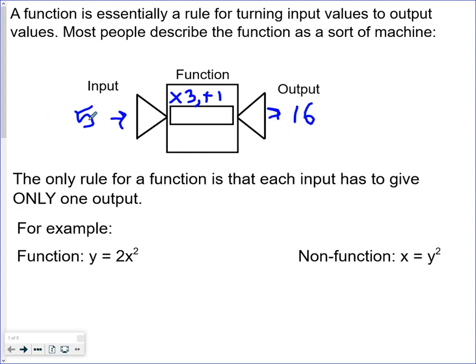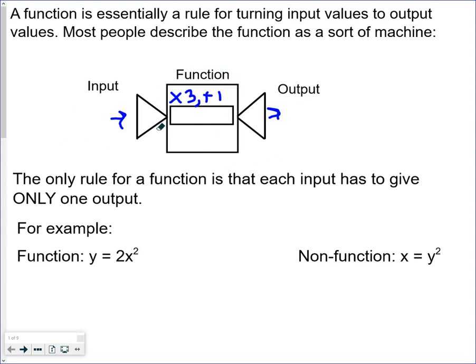So the input value would be 5, apply my function rule, the output value would be 16. Again, if I try another one, let's try a basic one here. Let's try 0. If I put in 0, 0 times 3 is 0, add 1 is 1, so you get out 1. Okay. No big worries there.